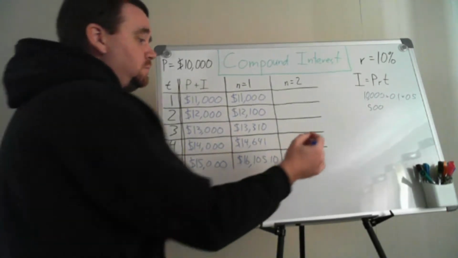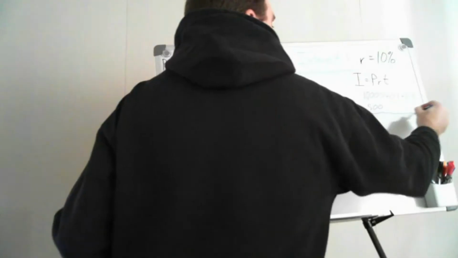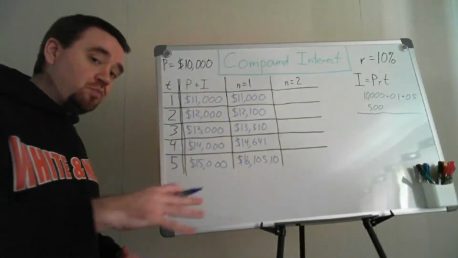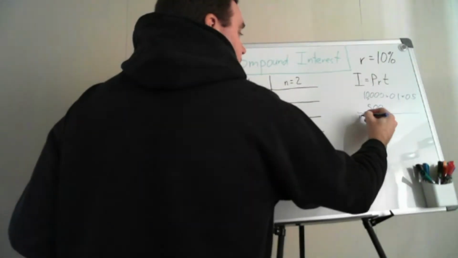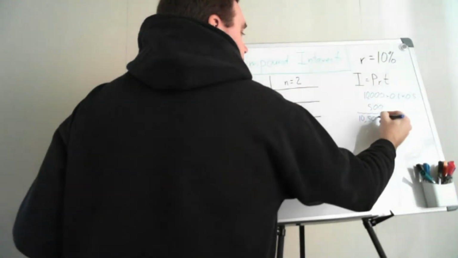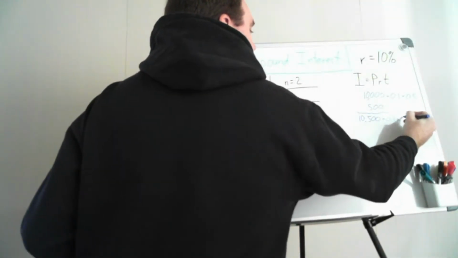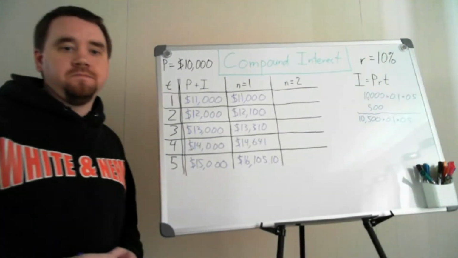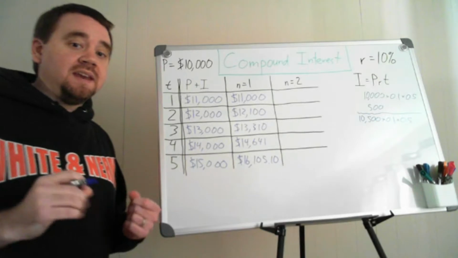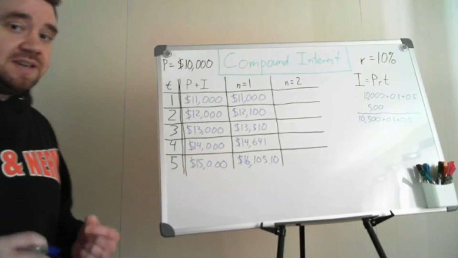But now I'm going to say, okay, for the second half of the year, the new principal is $10,500. My interest rate is still the same, and I'm going for another half a year. So I multiply that way. And what I get here is a little bit different.